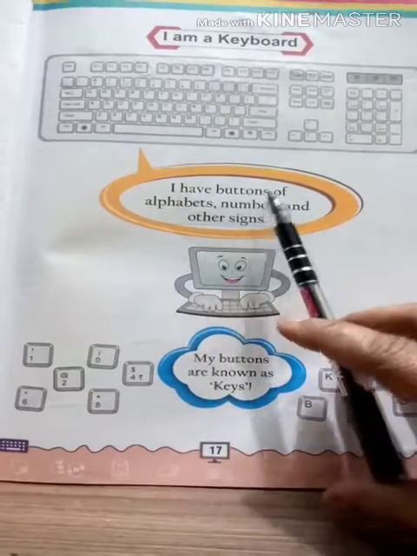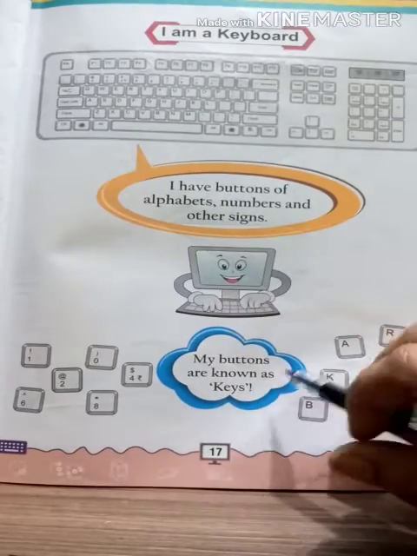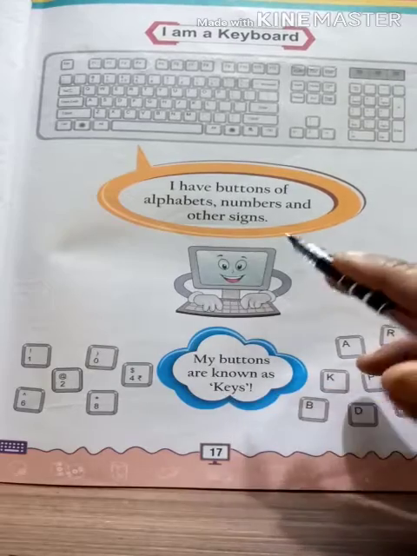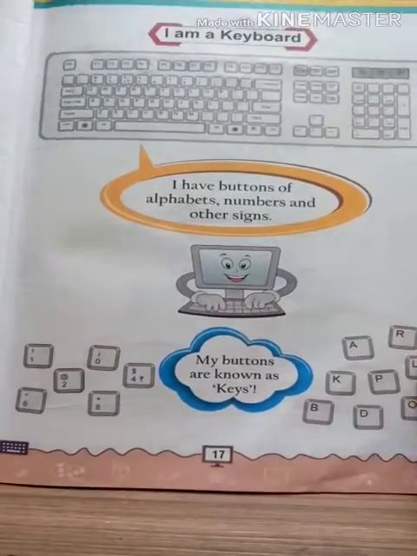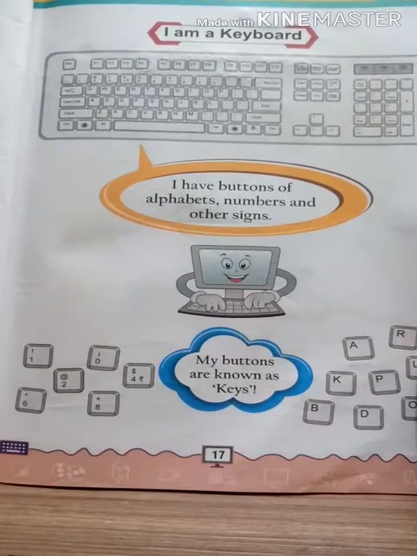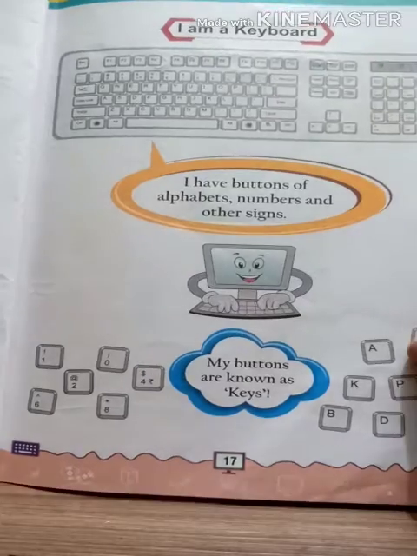I have buttons of alphabets, numbers and other signs. My buttons are known as keys. So what is the work of the keyboard? The keyboard is used to type something, either alphabets or numbers.